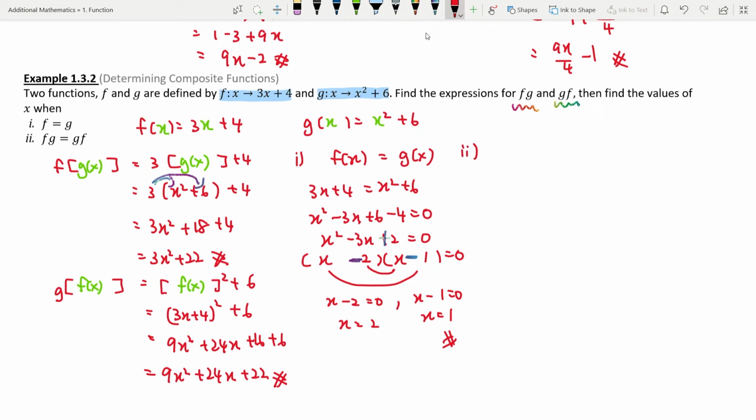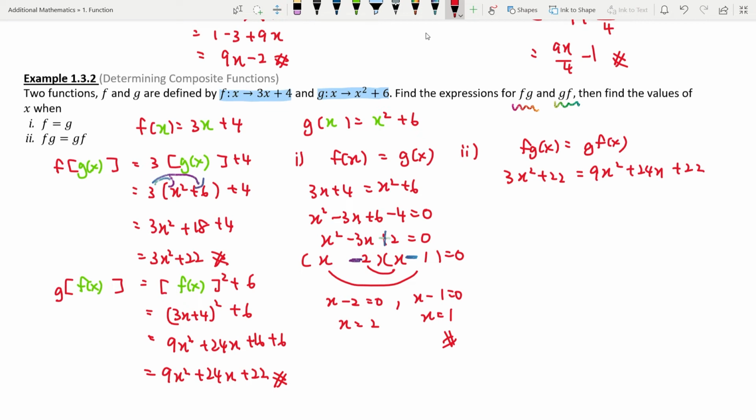For the second part, find the value of x when fg equal to gf. fg(x) equal to gf(x). What is our fg(x)? We have 3x squared plus 22 equal to 9x squared plus 24x plus 22. This is a quadratic equation. On the right side, I have a bigger value for our x squared.